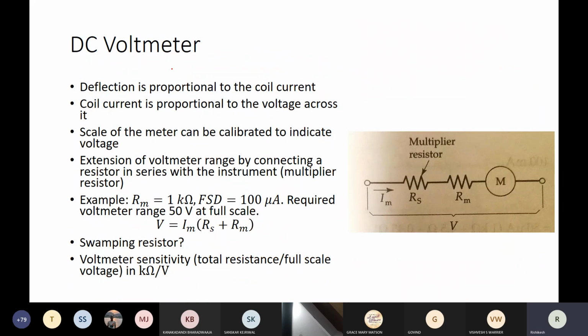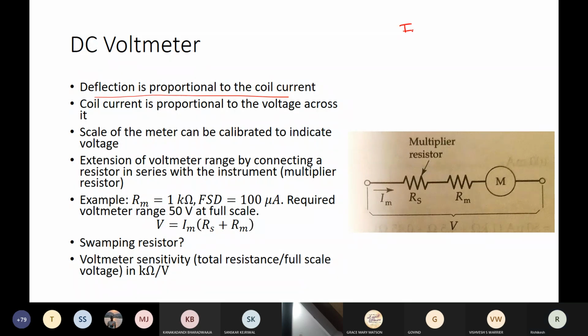So we are now at the stage where we can discuss the DC voltmeter. We know that the deflection of the pointer is proportional to the current, and the current is proportional to the voltage across which it is connected. So one can scale the meter to measure the voltage.